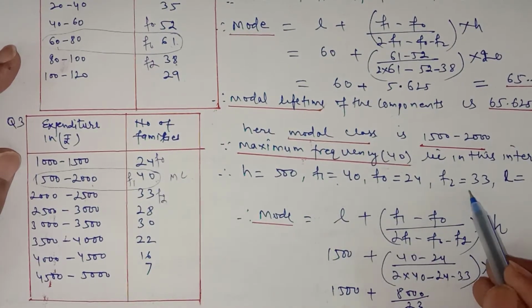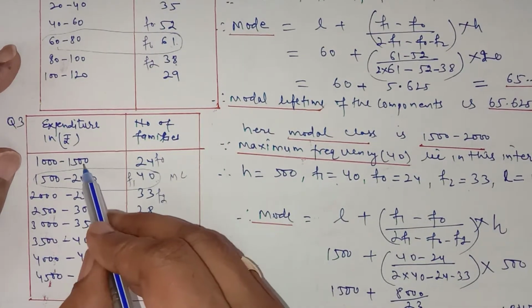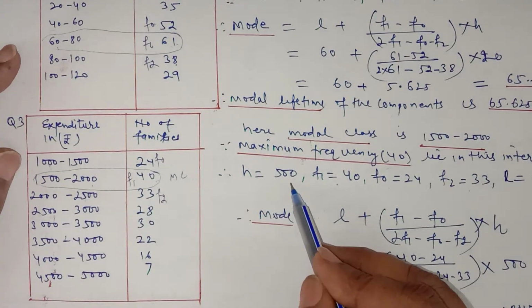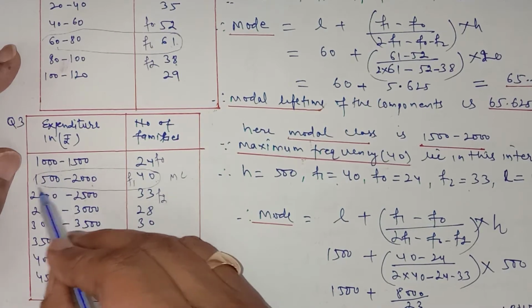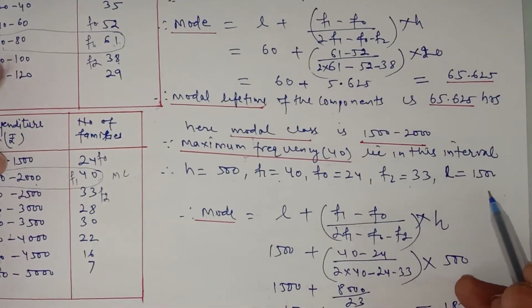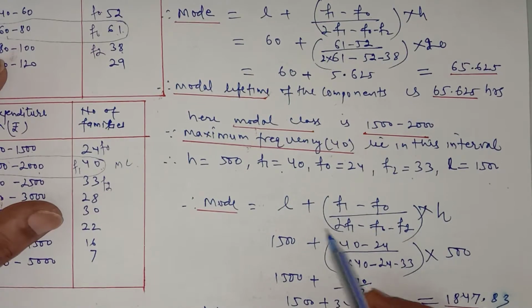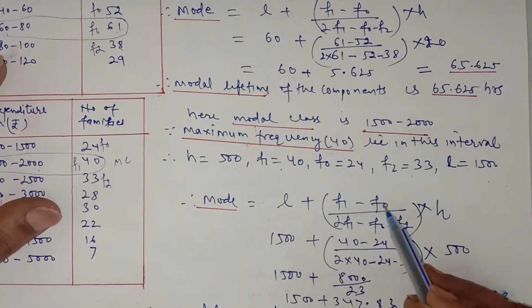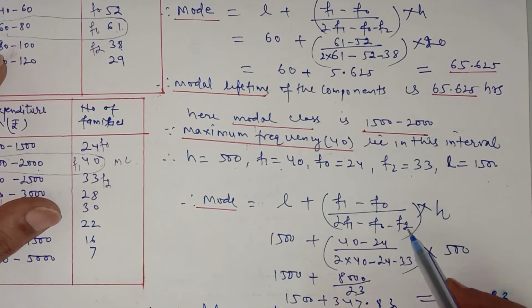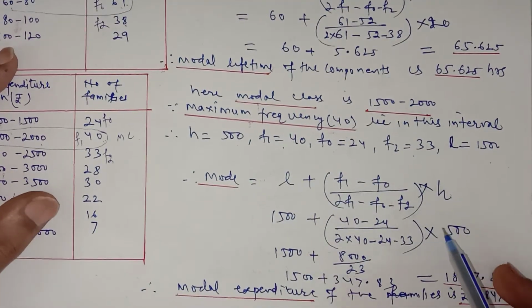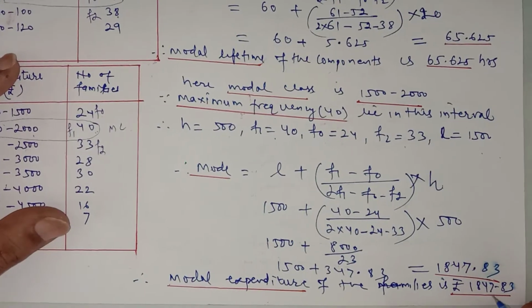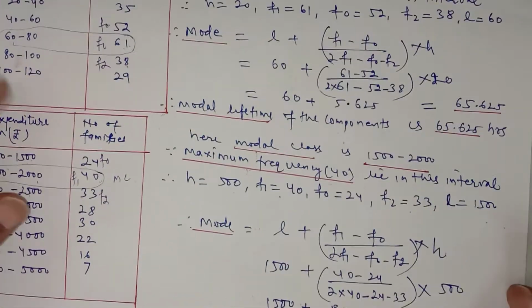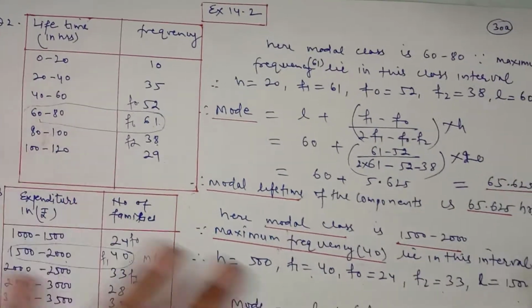Class size is H, which is upper limit minus lower limit, which is equal to 500, and L is the lower limit of the modal class, which is equal to 1500. Simply you have to replace in this formula, L plus F1 minus F0 upon 2F1 minus F0 minus F2 into H, and you will get the modal expenditure in rupees as 1847.83, the modal expenditure of the families.